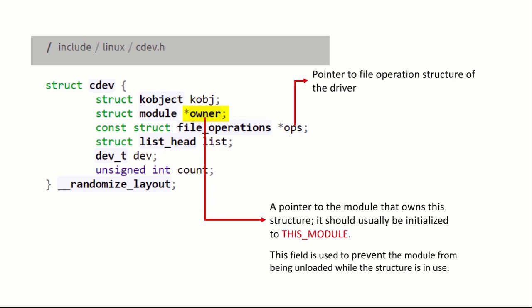This field should be initialized with a pointer to the module that owns this structure. It should usually be initialized to a macro called THIS_MODULE. This field is used to prevent the module from being unloaded while the structure is still in use.